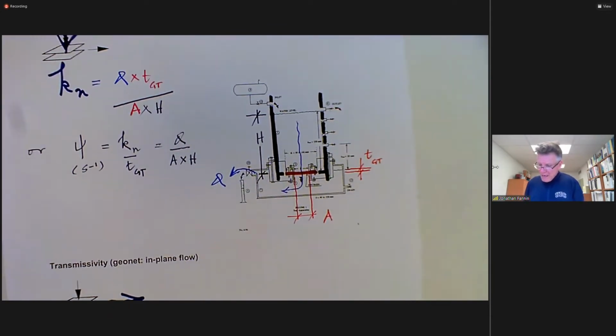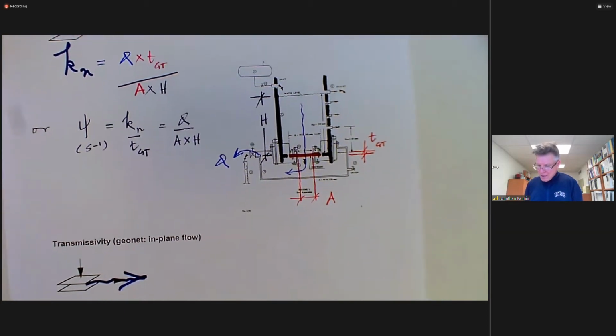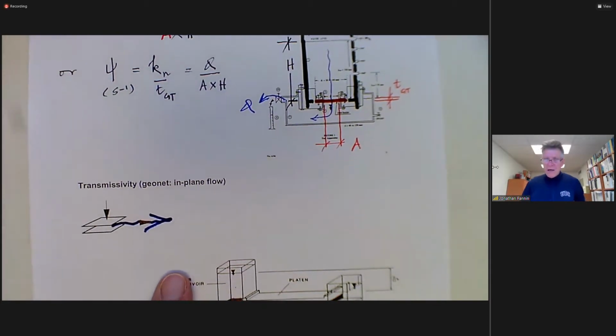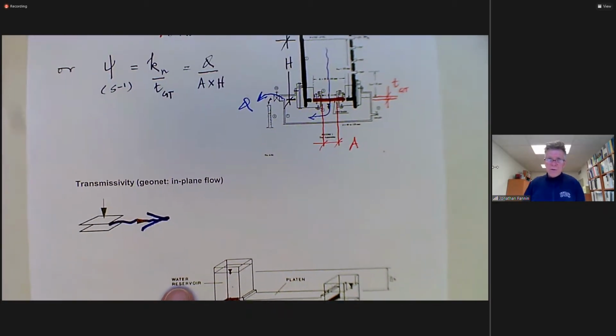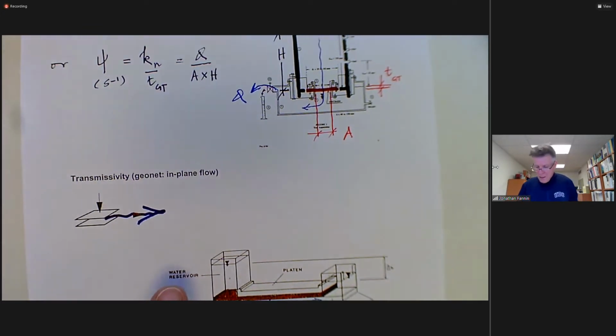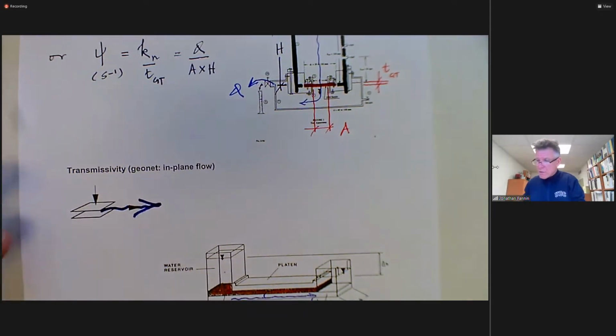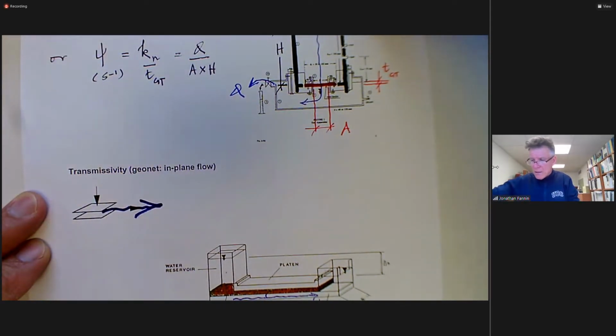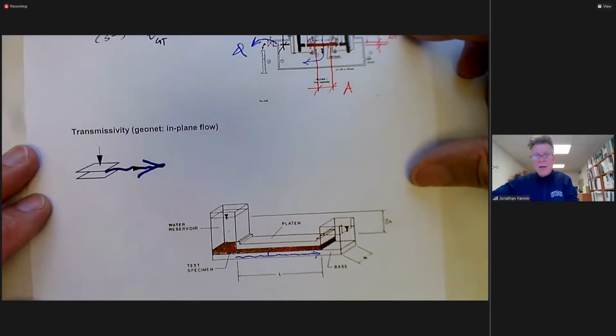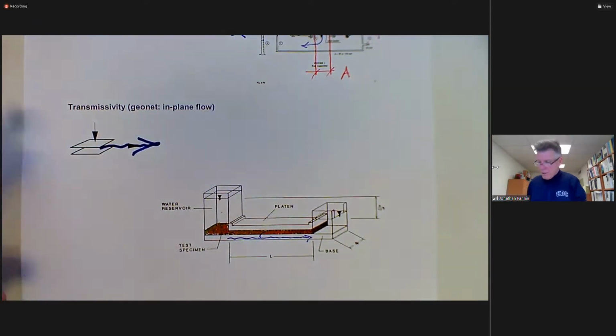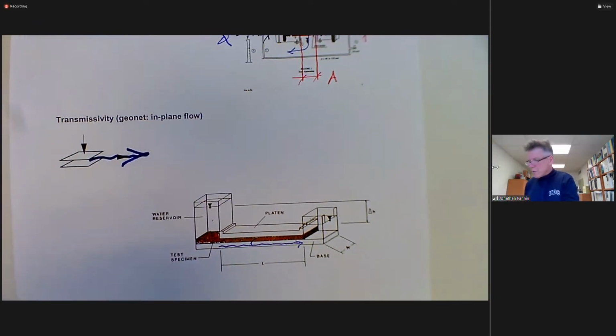Let's move to the second of these two index tests, and we gain, I think, a nice insight both to soils and geotextiles. Well, you could do a transmissivity test on a geotextile. You could also do it on a geonet, and I'll speak to the geonets as my primary vehicle to make a particular point here.